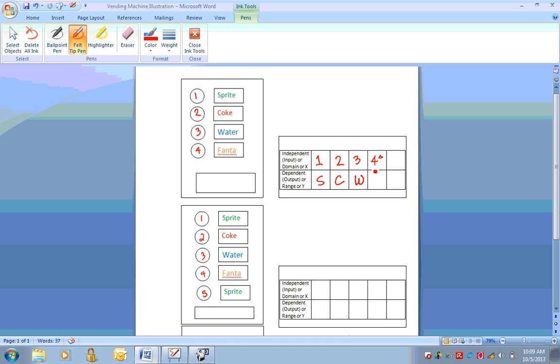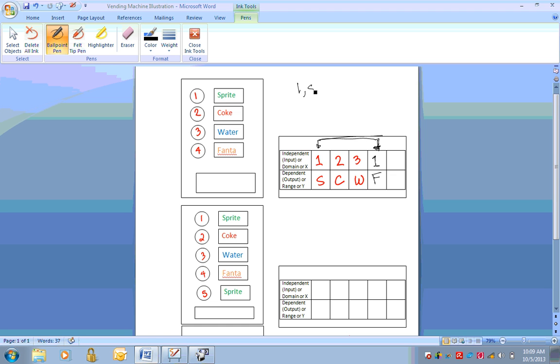And I press button 1 again, and I somehow ended up getting a Fanta. Now see, look what happened right here. I told you a while ago that for every specific input, which is 1, I should have only one specific output, which should have been Sprite. But look what happened here.